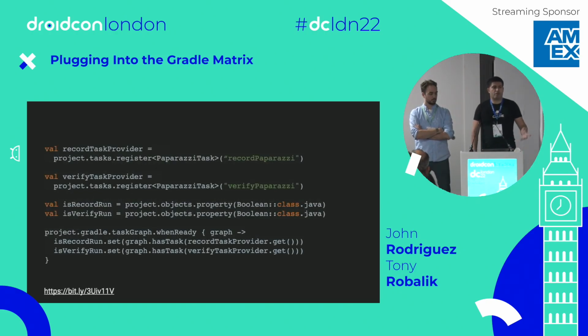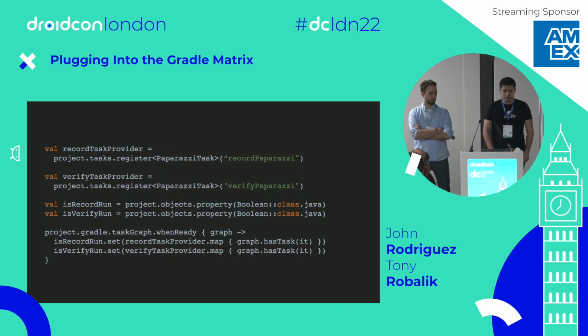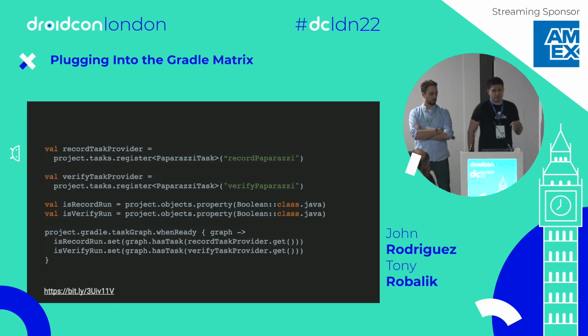There's an open source project I maintain called Paparazzi, and in fact, we had a bug similar to this. Paparazzi can run in several modes, one of which is record and verify, and we were getting handles to the task provider, but then when the task graph was ready, we wanted to know, based on the Gradle state of the world, what parameter do we pass to the ultimate JUnit rule that runs?